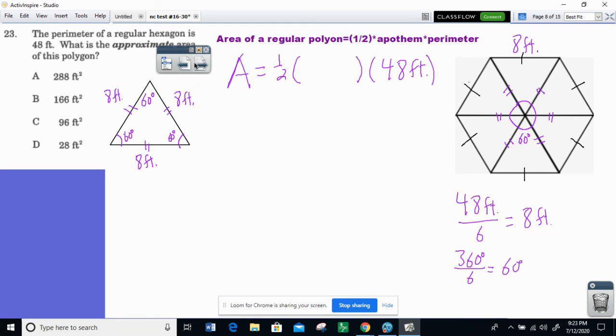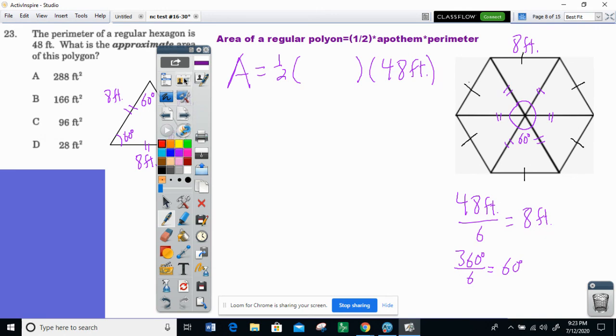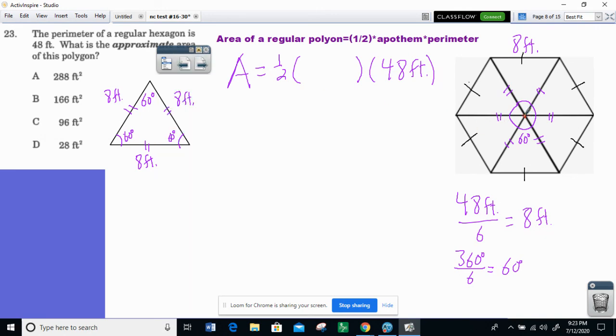and we need to find the apothem, which is the distance from the center of the hexagon to the midpoint of one of the sides at a right angle, that would be the height of this equilateral triangle. Well, how do we find that?